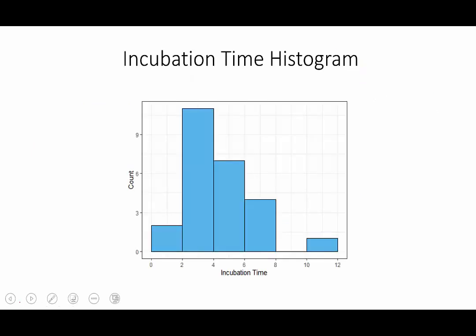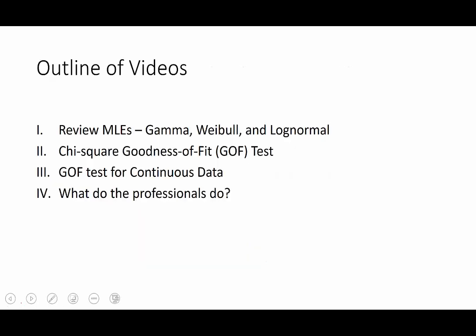Now, this is the actual histogram of incubation times for those 25 visitors to the Wuhan province. You can see that in this case, the bulk of them had incubation times of between 2 and 6 days, but there was one person who was as long as, I think it was actually 11 days, the upper bound here.